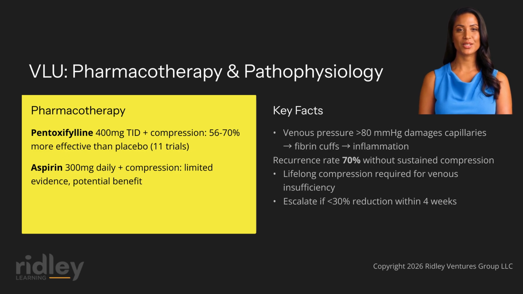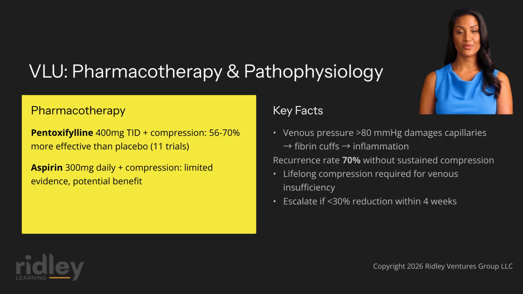compression. So what's actually driving venous leg ulcer chronicity? It's a cascade of events triggered by sustained venous hypertension. Ambulatory venous pressure exceeding 80 mm of mercury leads to capillary endothelial damage, pericapillary fibrin cuff deposition, white blood cell trapping, and release of proteolytic enzymes and inflammatory mediators that damage surrounding tissue.